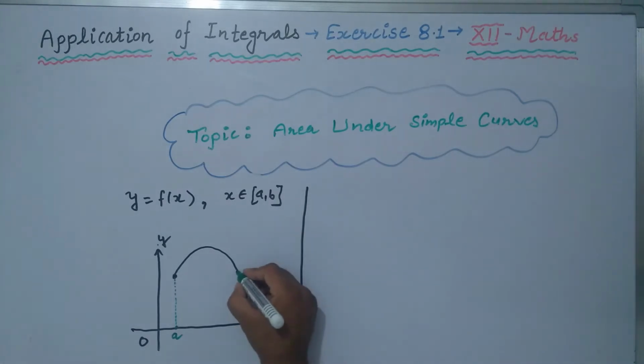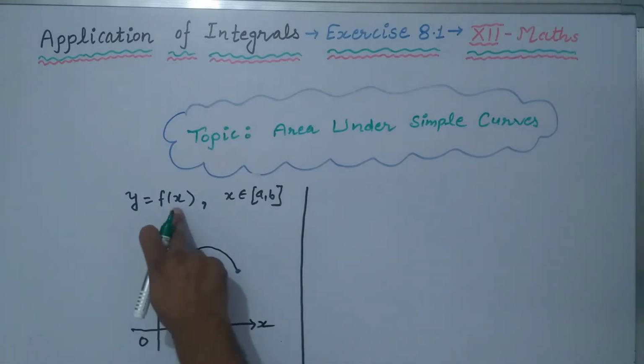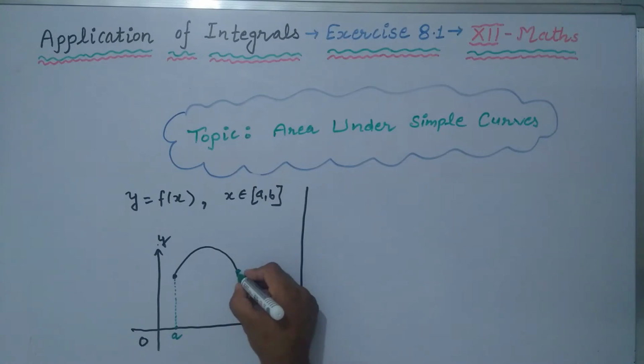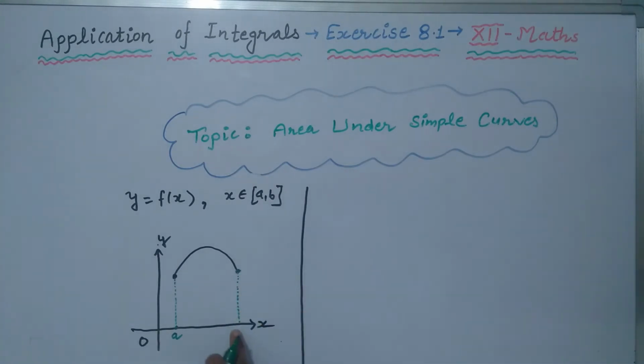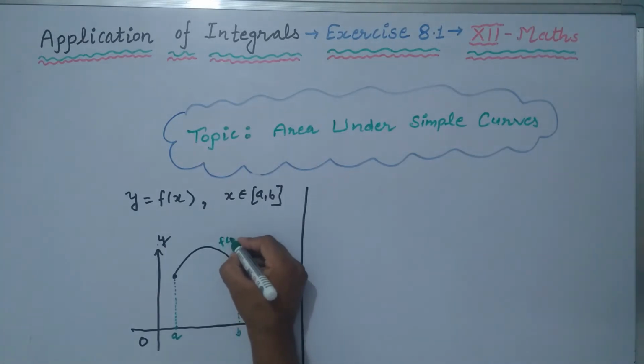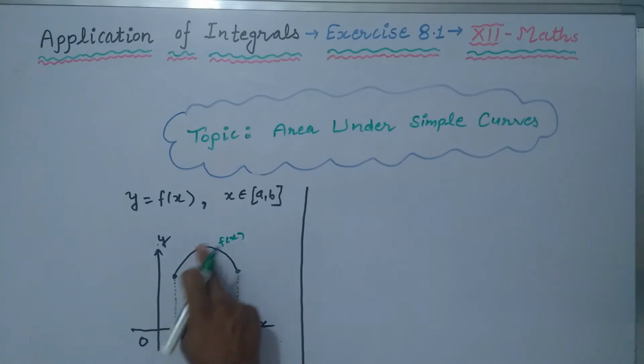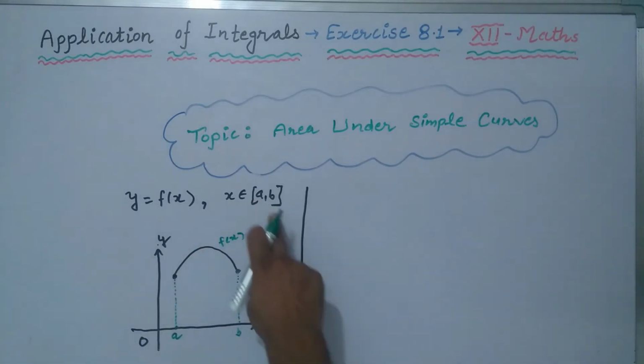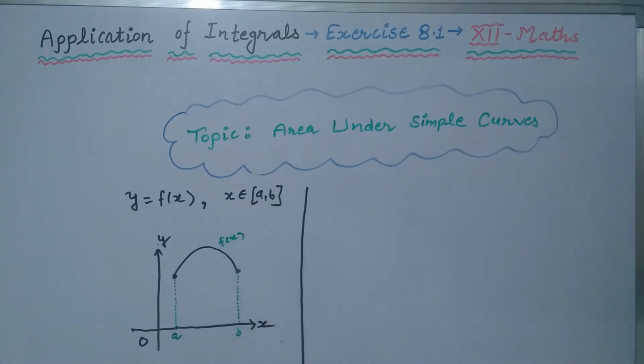Similarly, from the terminal point of the given function f of x, we draw another perpendicular on the x-axis. Suppose the distance from the origin to this foot of the terminal perpendicular is b. So this function f of x is well defined in x belonging to the closed interval a to b.